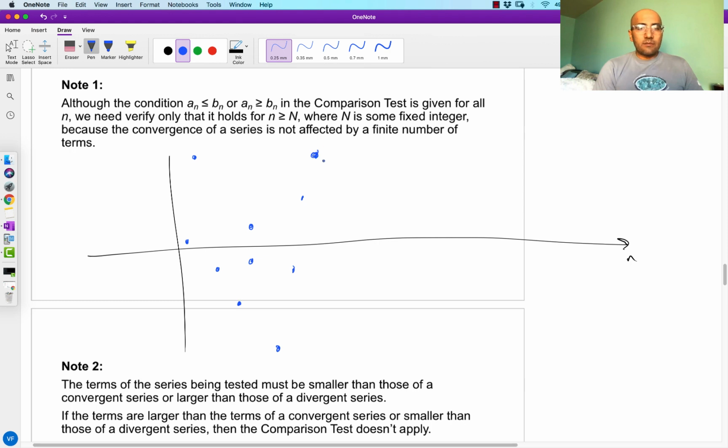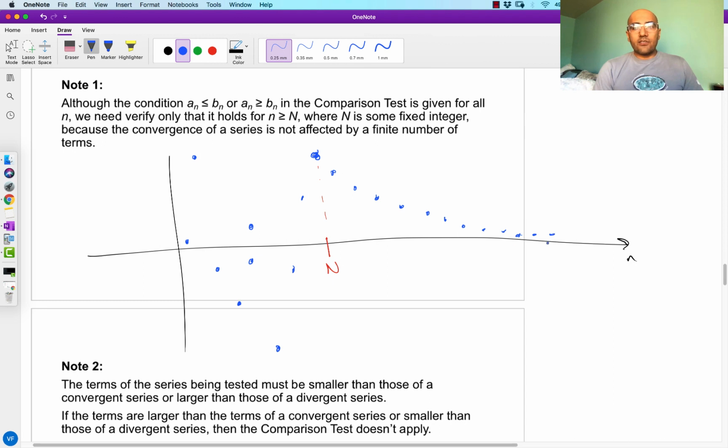Maybe beyond this point, let's say this is the point n, capital N, everything works out the way we would expect. It begins to decrease; from that point forward, all the values are positive and decreasing.